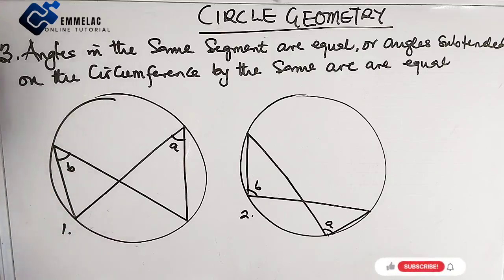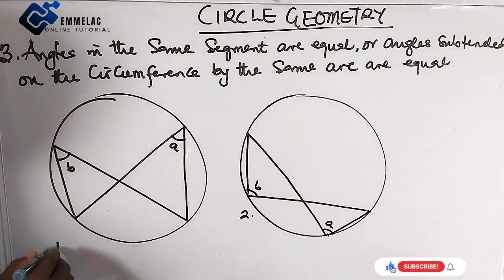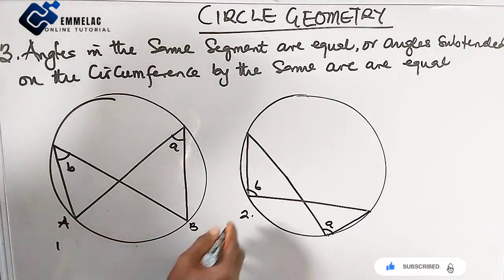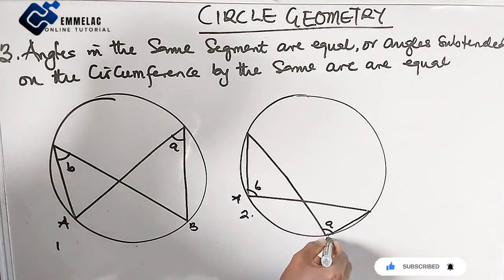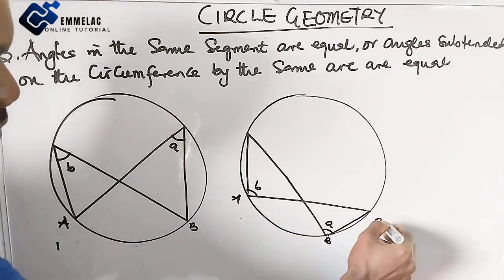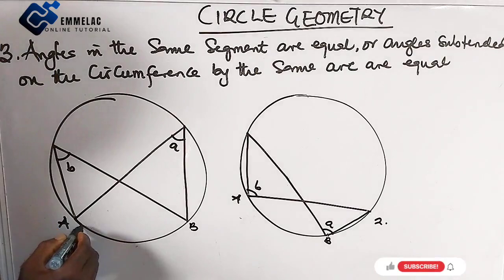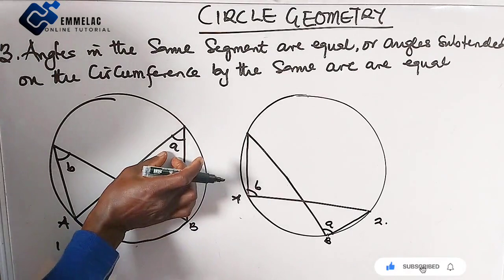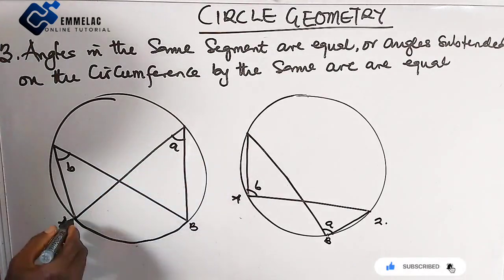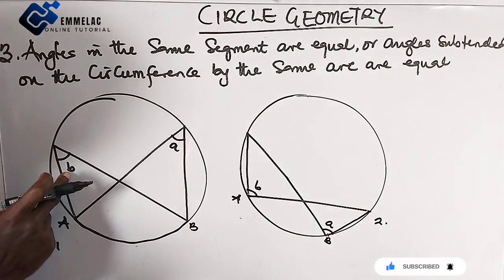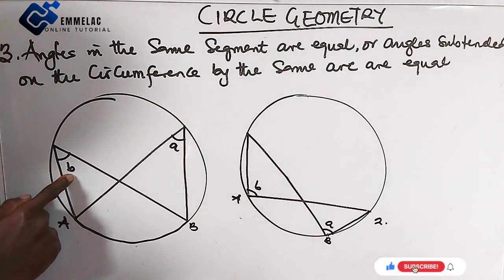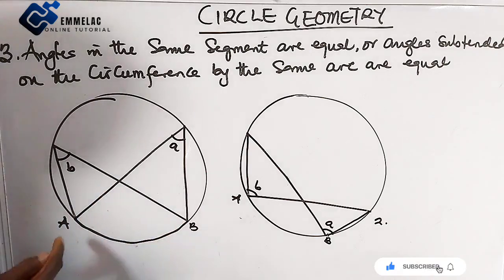Now here's the arc AB. Here's another arc AB. This same arc subtends this angle at this point on the circumference, and the same arc subtends this angle at this other point. You can see that both B and A have the same arc.